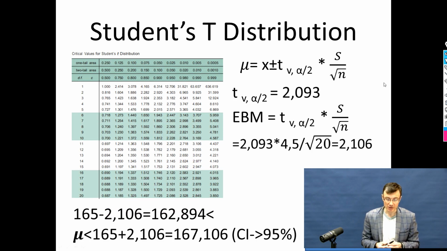So we go to our table. It's the standard table of T distribution.